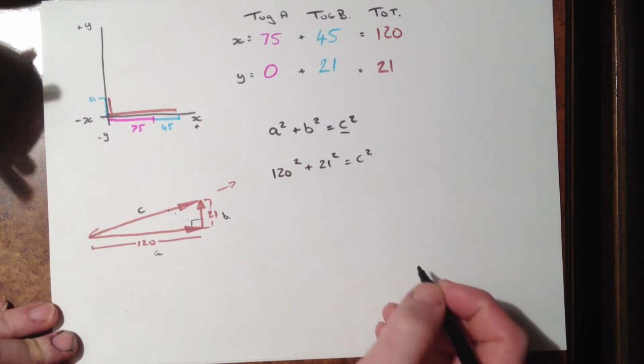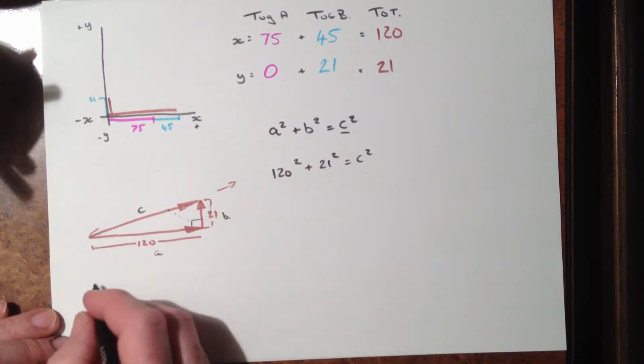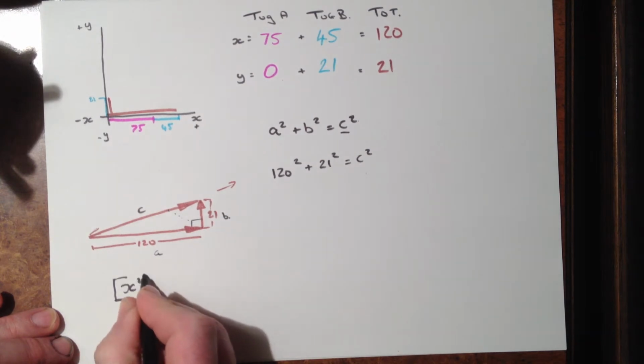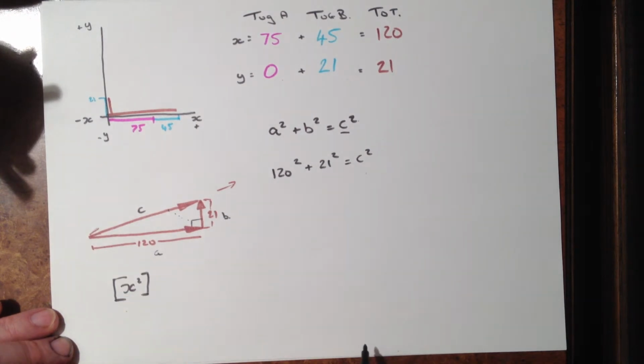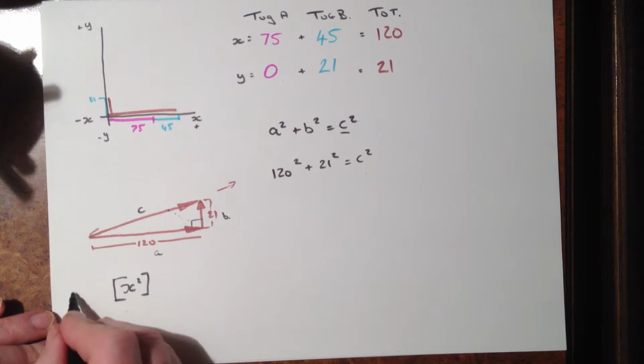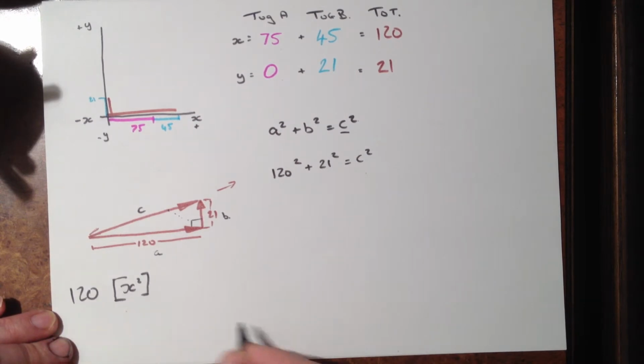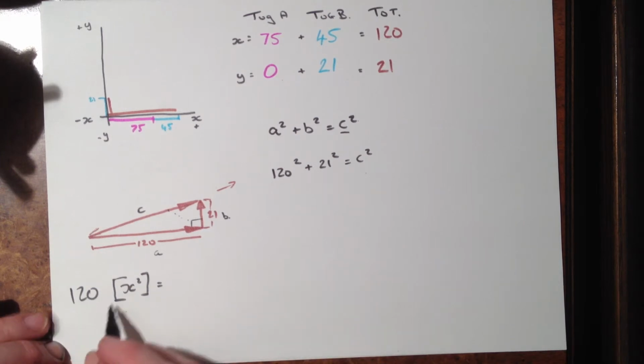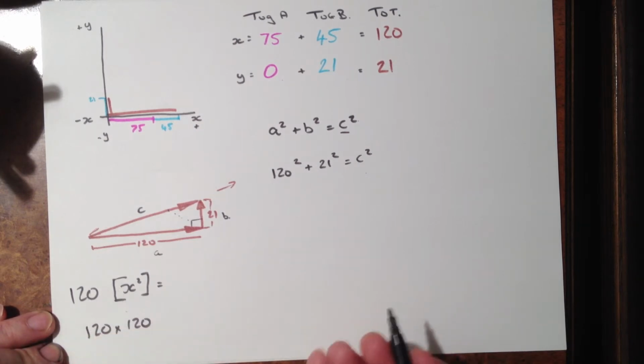Now to work this out, 120 squared: on most calculators you should see a button that looks just like this, an x with a little 2. All we do is type in 120 and then tap the x squared button, and it will give us our answer. If you haven't got an x squared button, don't worry. Very simply, 120 squared is just 120 times 120. It's whatever number it is multiplied by itself.